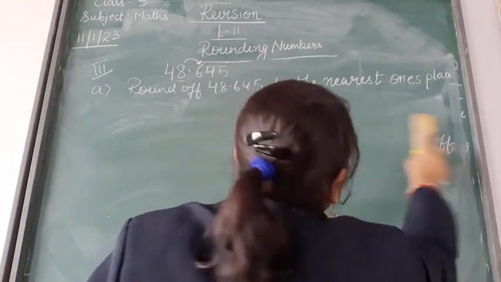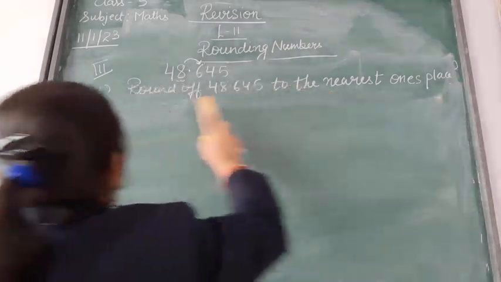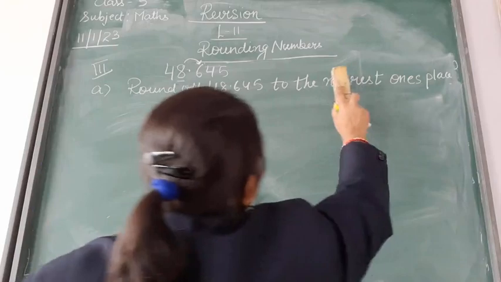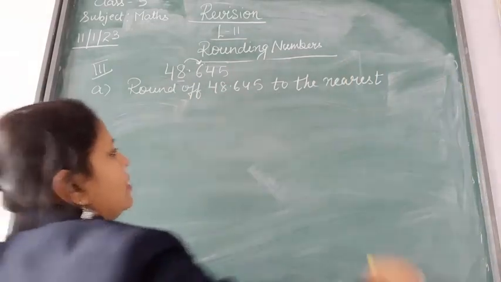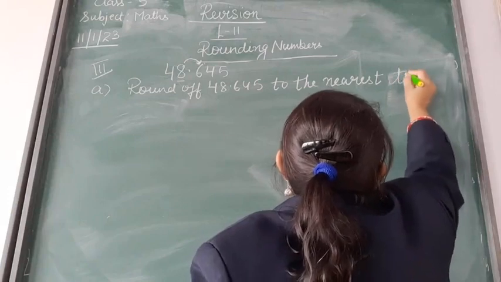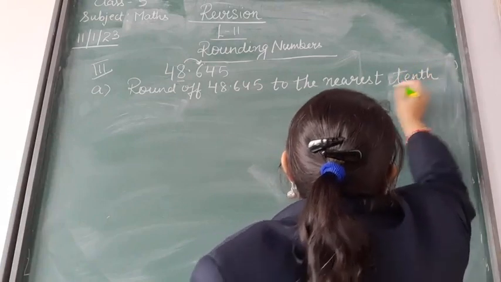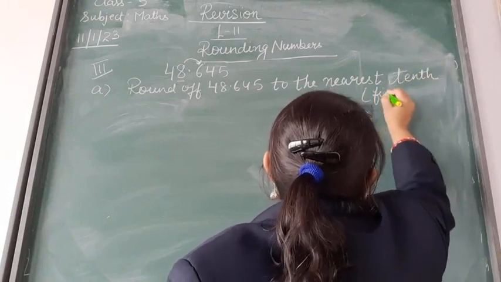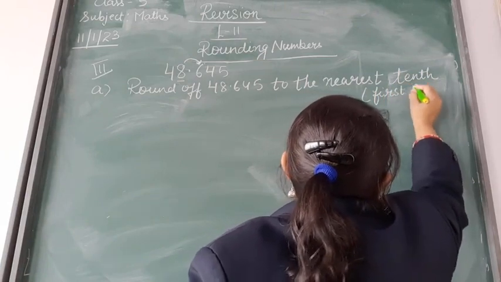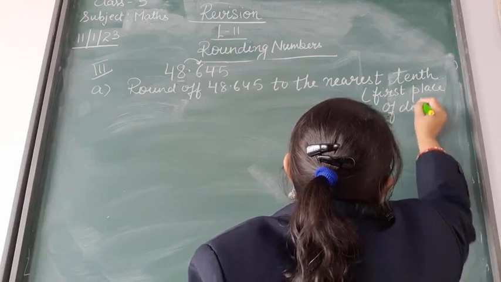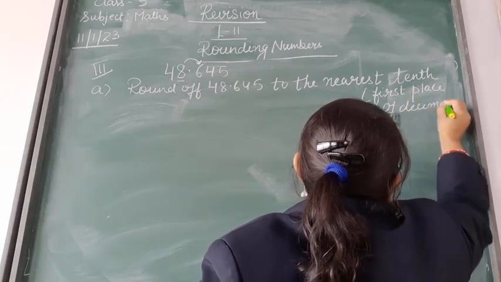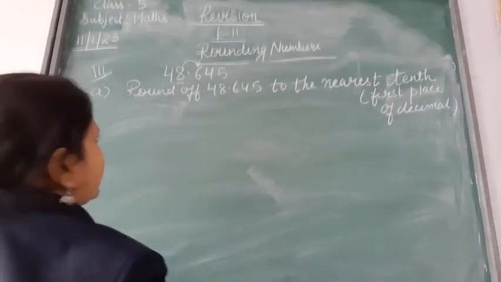In this question, what will we do? Let's see. We will round off the same number to the nearest 10th place. Right? To the nearest 10th or first place of decimal. 10th means the first place of decimal. So now let's see.